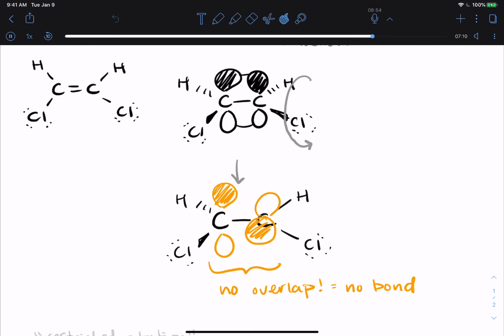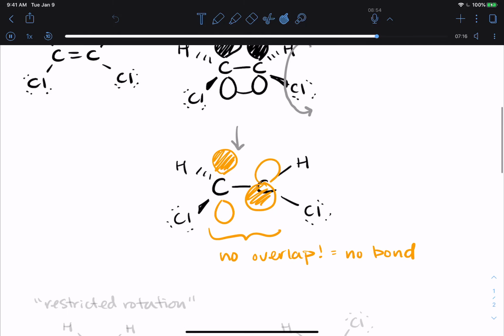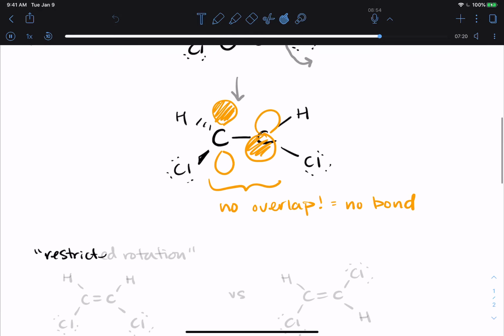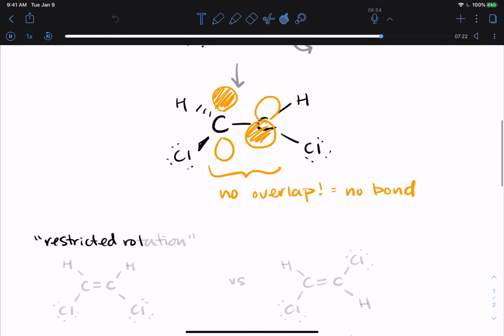I'm not going to say there's absolutely zero rotation, because if you put enough energy into it, you could get it to go. But what we call this is restricted rotation. So you will, for the most part, not see it at all because it would result in breaking the bond. And so what that means is that in our case that had the single bond, you could draw that picture any way you wanted.